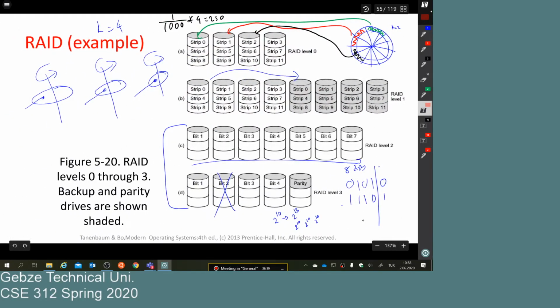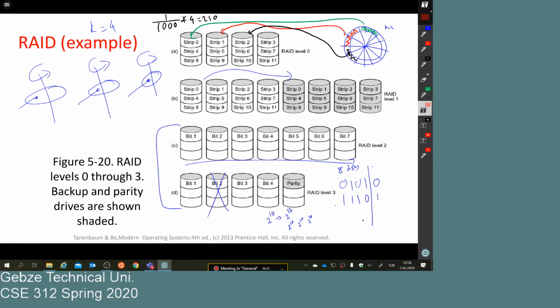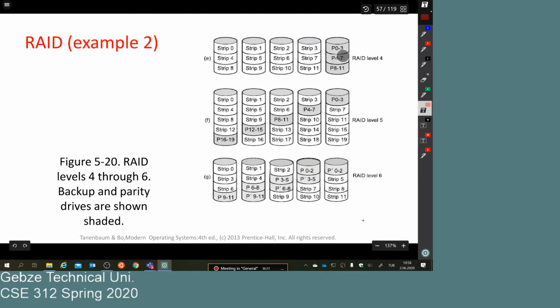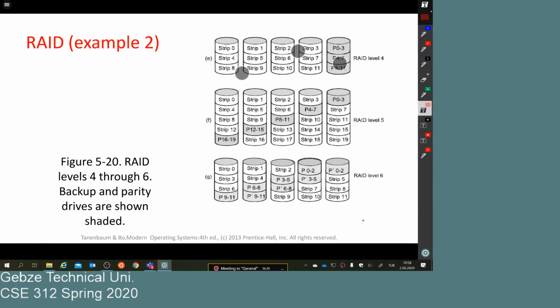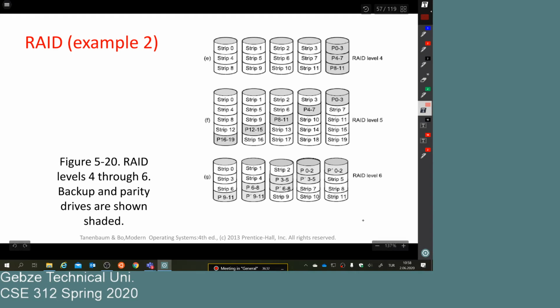It uses a parity disk. So this looks very similar to RAID level 0. In addition, I added this extra parity disk, RAID level 4. So if one hard disk crashes, I can get the data from the parity disk. I know that.